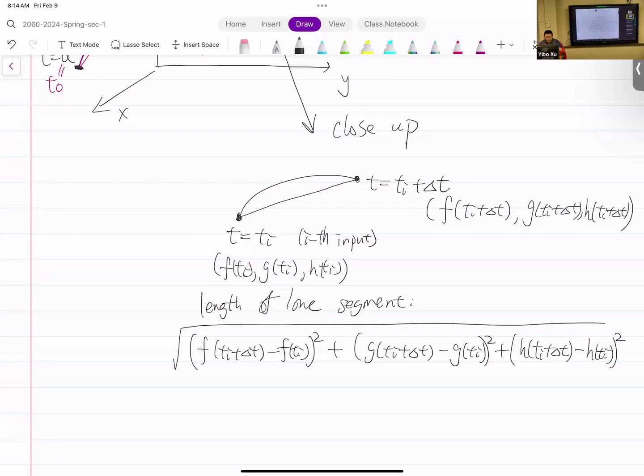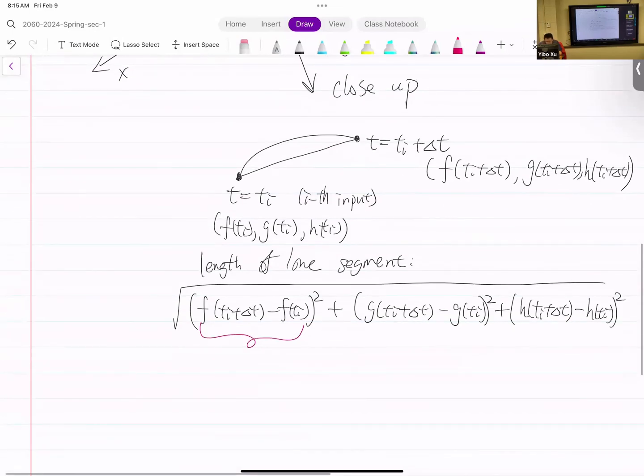But now notice that each difference can be represented approximately by the derivative times the changing input, right? So that's something we have learned from Calc 1. Okay, so this is f prime. If you think about the definition, f prime of t_i, the derivative at the starting point, is the limit where you push the change of input to 0.